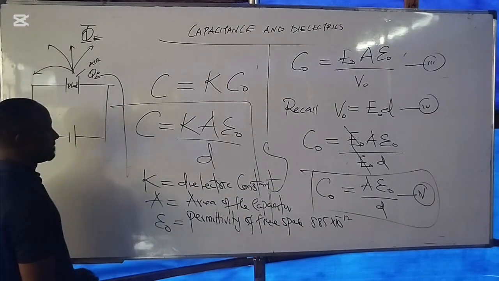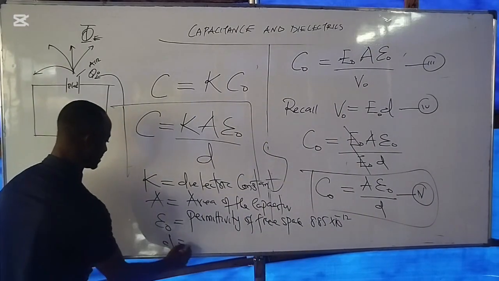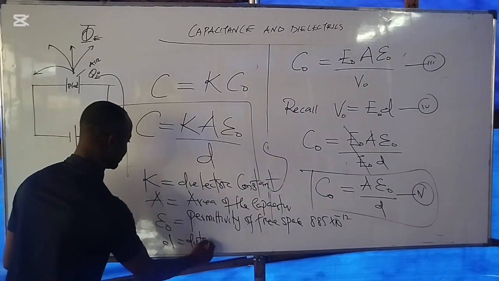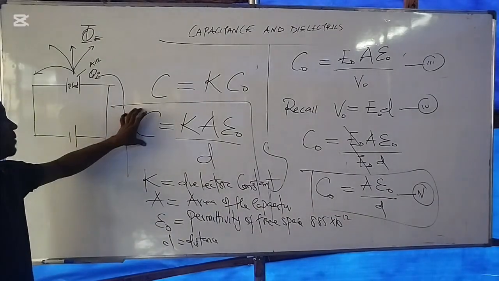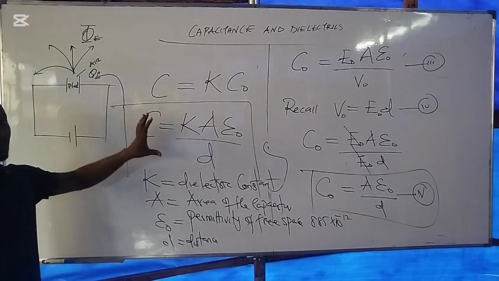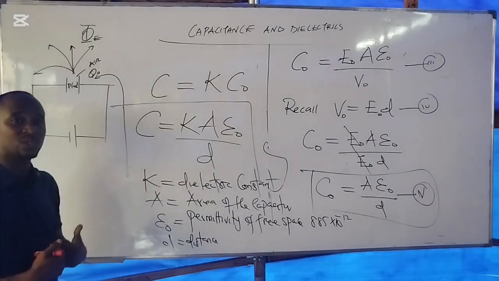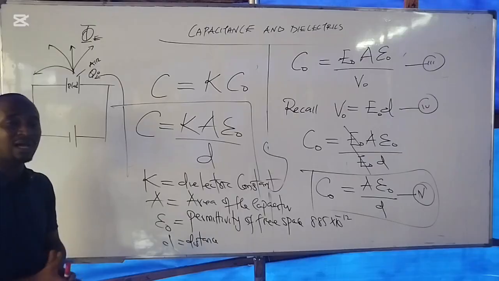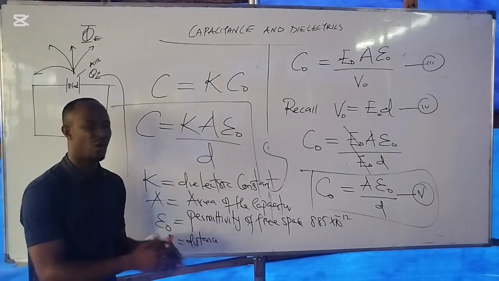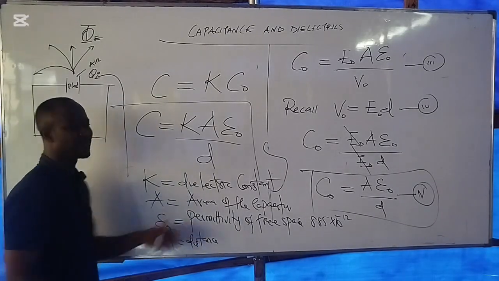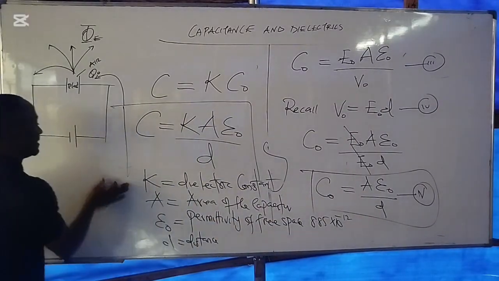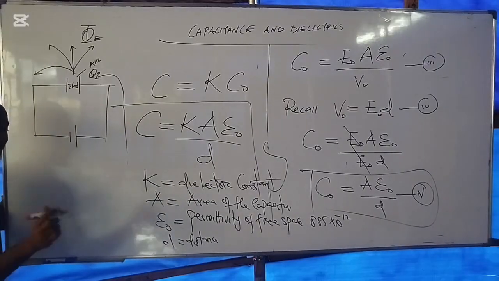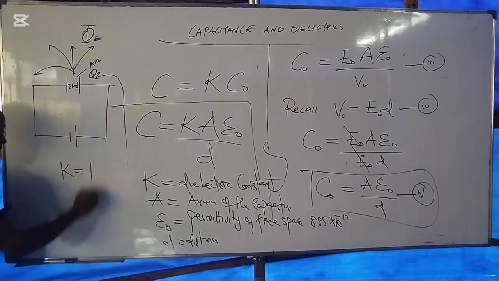Then D represents the distance separating the two plates. So this is the formula that should be used to calculate the capacitance of the capacitor for other dielectric materials. Although we can still use this for air, because the dielectric constant for air is equal to 1.